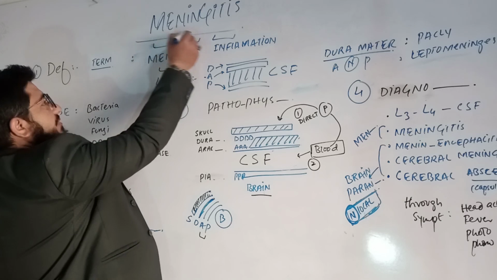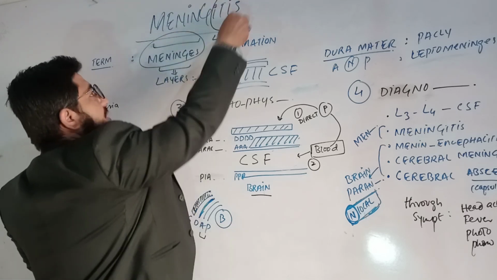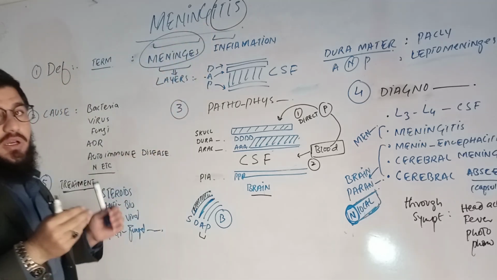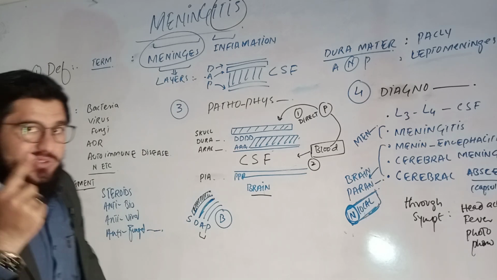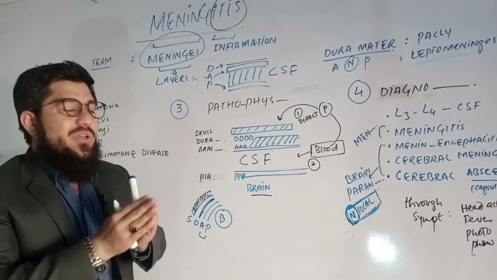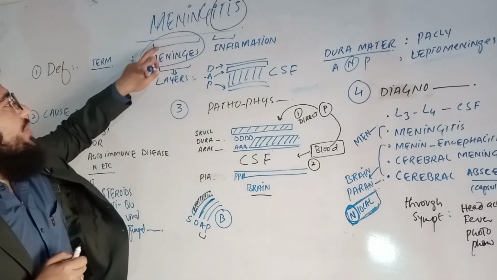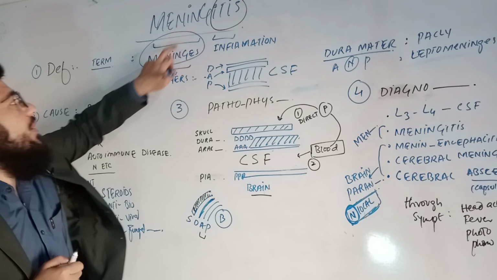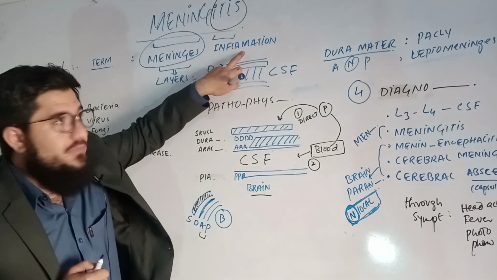These are two words combined together, making one term, meningitis. So meningitis is a single term composed of two sub-words. Meninge stands for meninges, and itis stands for inflammation.